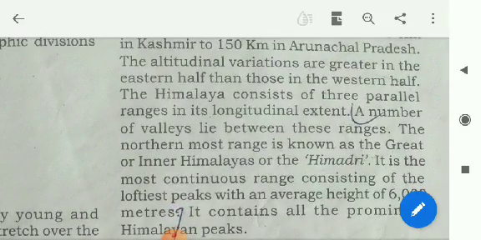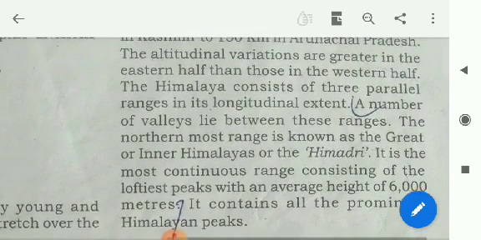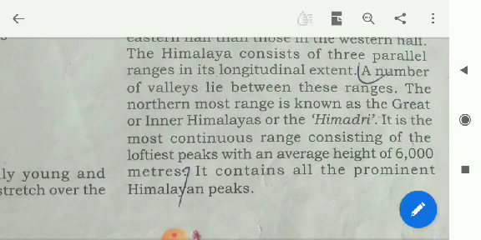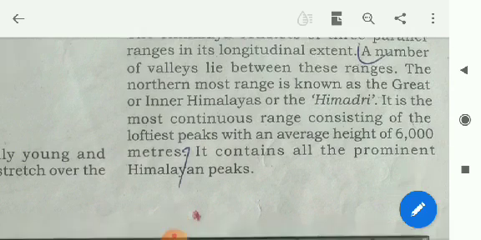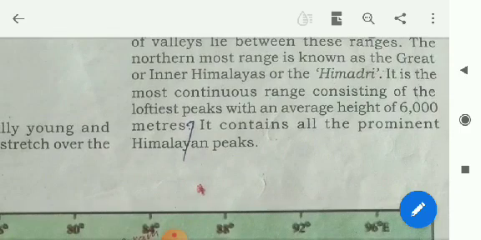The altitudinal variations are greater in the eastern half than those in the western half. The Himalayas consist of 3 parallel ranges in their longitudinal extent. A number of valleys lie between these ranges.